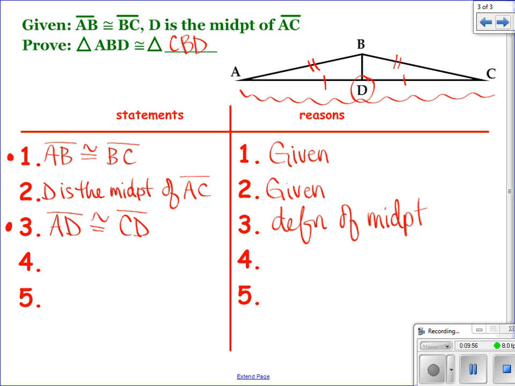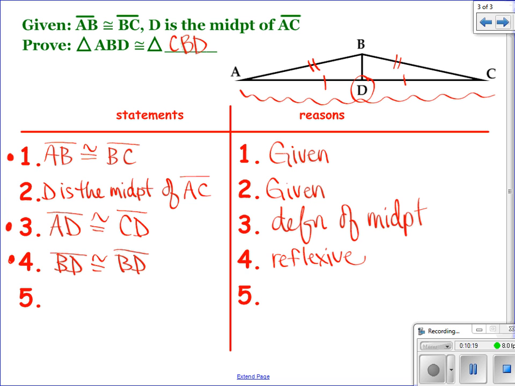What's the last step before we can say they're equal? Yep. BD equals BD. Okay, that's our third set of sides. What's the reason? Yep, anytime something is congruent to itself, we've got reflexive.